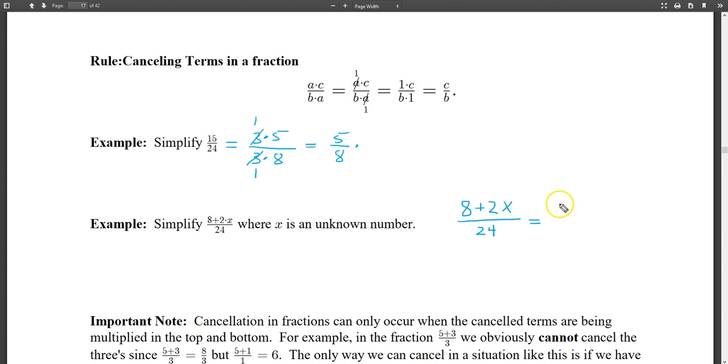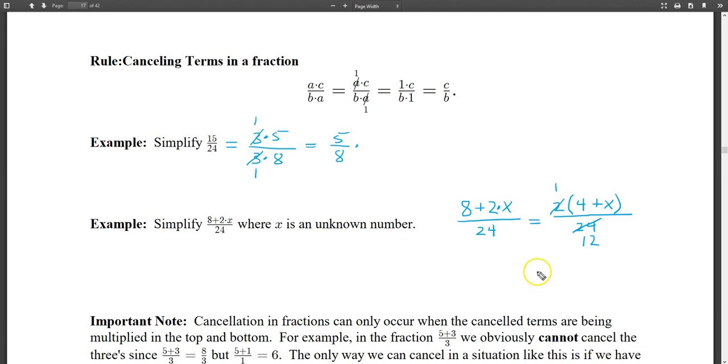So if we write this as follows, we can factor out a 2 from the 8 and the 2x, 2 times x. And then the 24 has a 2 in it as well, so we can cancel a 2 here. That leaves us with 1. And 24 is 2 times 12. If we cancel the 2 in there, we'll be left with 12.